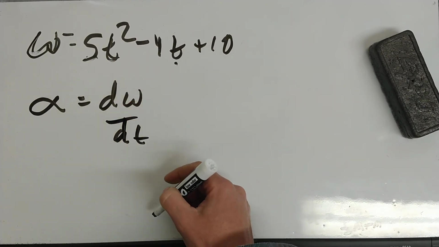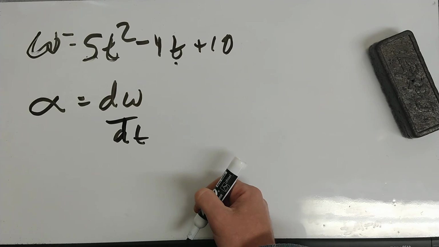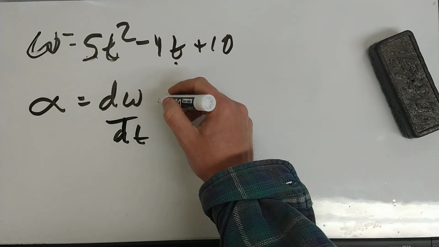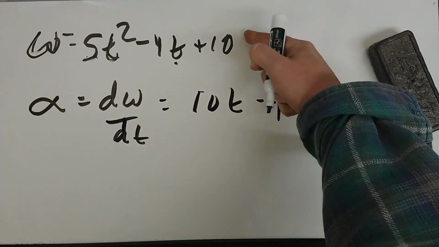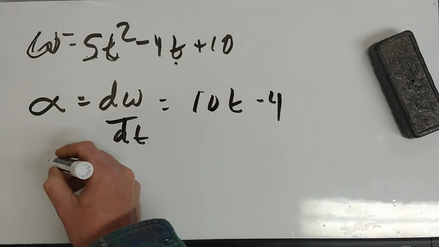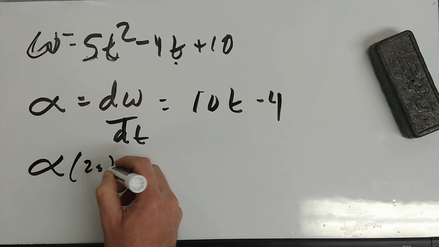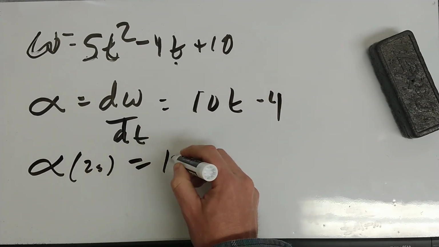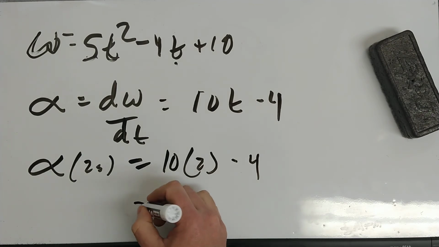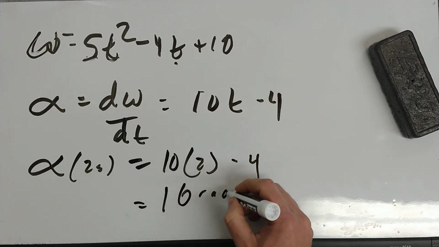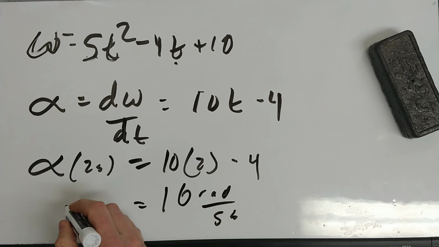Then we evaluate it at 2 seconds. So first, let's take the derivative of this, which is 10t minus 4. All right, 10t minus 4. And then if I want the alpha at 2 seconds, I have to evaluate this at 2 seconds. So it's 10 times 2 minus 4. 20 minus 4 is 16 radians per second squared.